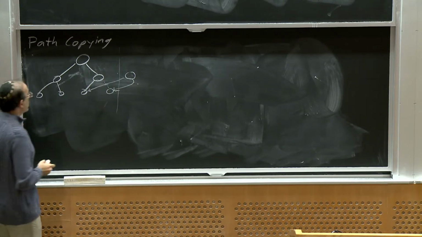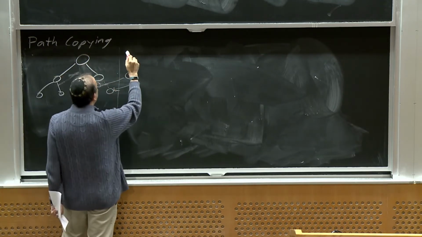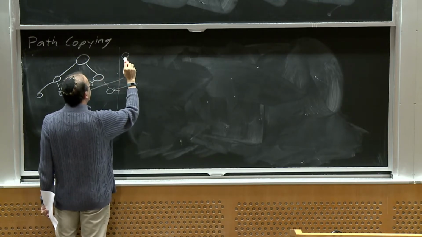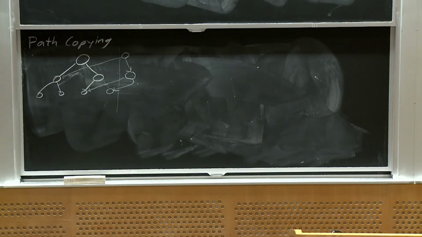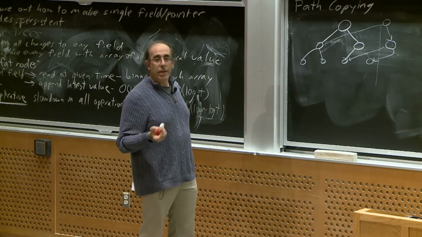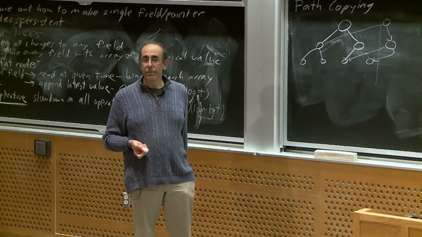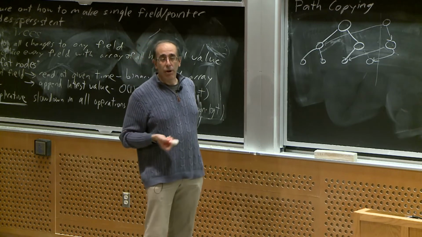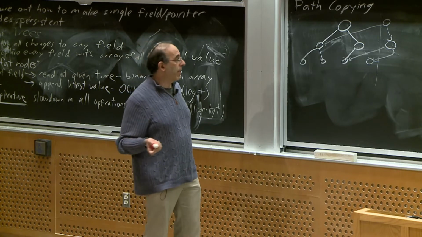Now, of course, since I have made a change to this node, it means that the world is different for this node, and so I'm also going to make a copy of this node. But here too, instead of copying the whole other subtree, I'm just going to link to the original because it hasn't changed. So now, instead of making a full copy of the entire tree, I only need to copy this path from the root to the leaf. Make sense? And so clearly, this is a big improvement, both on the additional space I'm using and the amount of time that I need to spend.